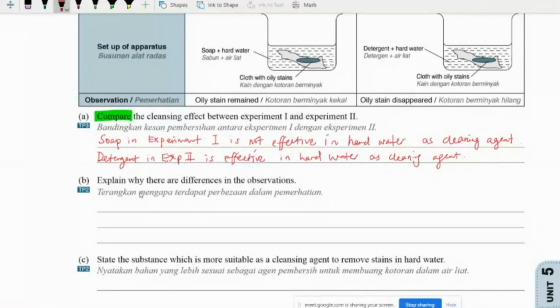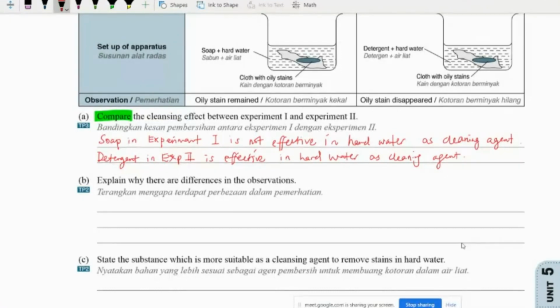Now explain why there is a difference in the observation, class. What are the key points that we need to mention? Can you type out some answers? What points can you write for this, class? Magnesium and calcium ions.